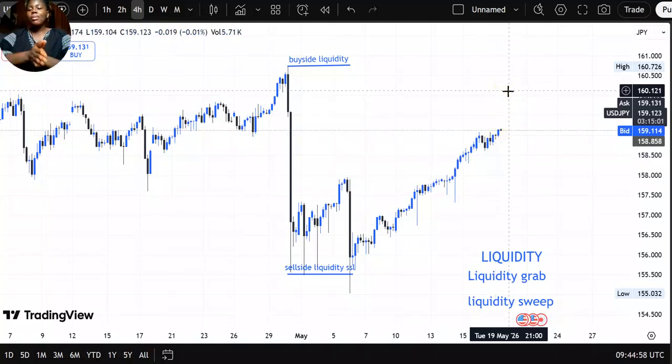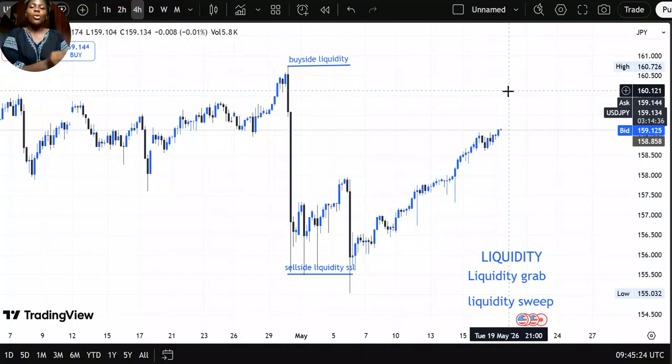So liquidity sweep happens very fast, and it breaks multiple highs, multiple lows, depending on the direction that it is going towards, and then it grabs all of that liquidity. You see the rejection. But for the liquidity grab, it just goes with momentum too, but not as aggressive as the liquidity sweep.